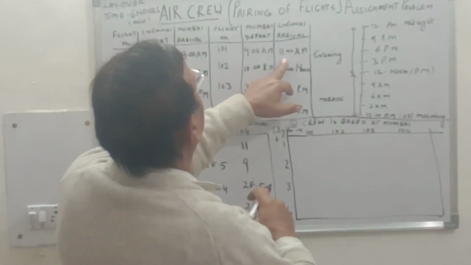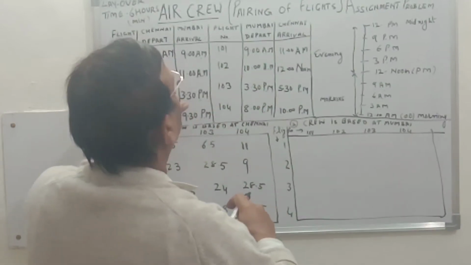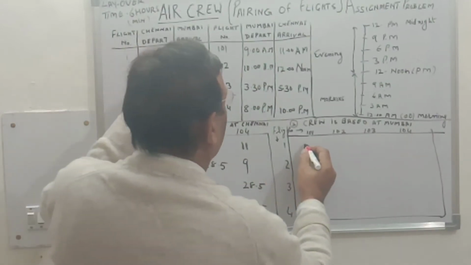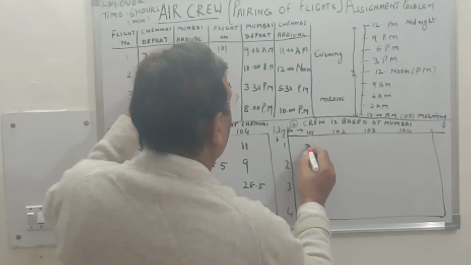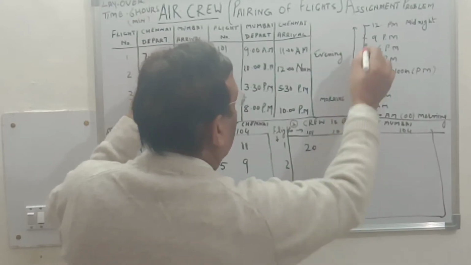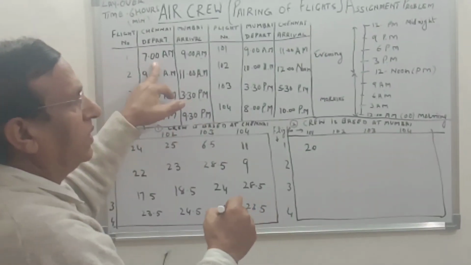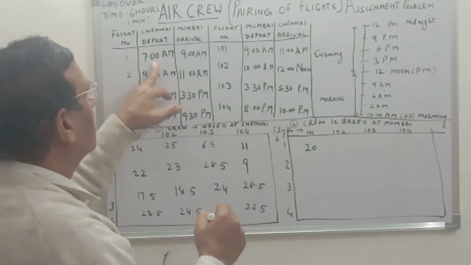It is 11 to 7, this is 20 hours. This you have to calculate with the help of these calculations.